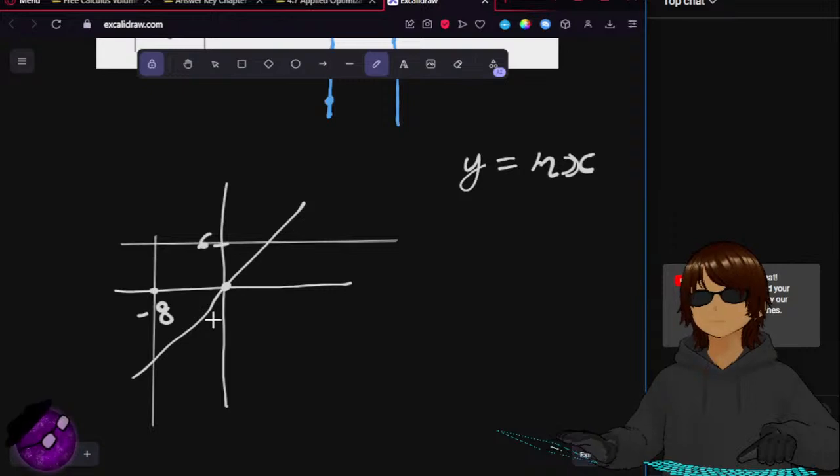I have to find a particular gradient with the largest area, I think. Wait, let's try that. So y is equal to mx. I'm finding the area between 6 and -8.